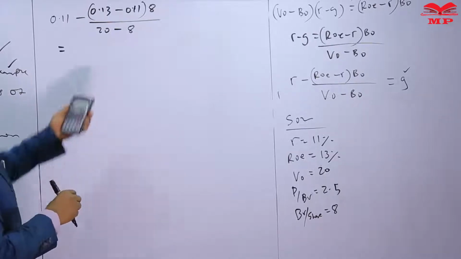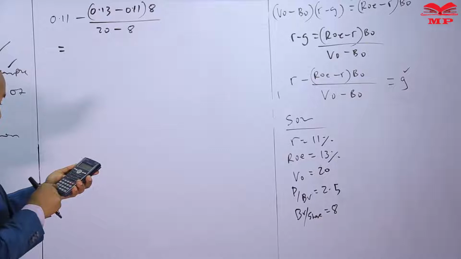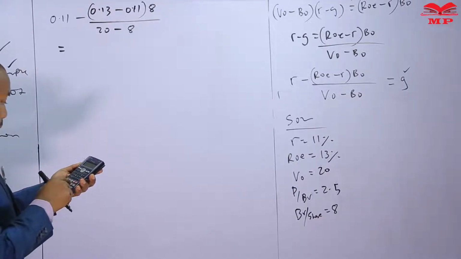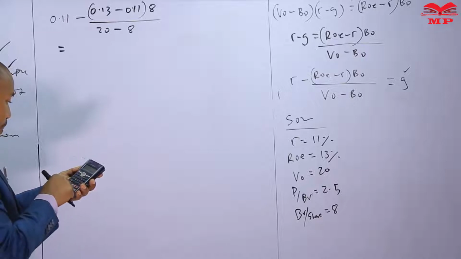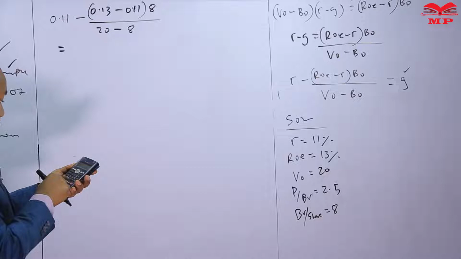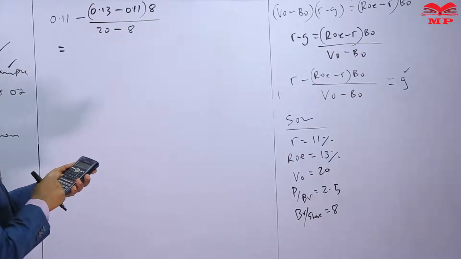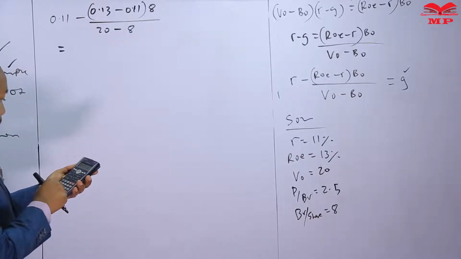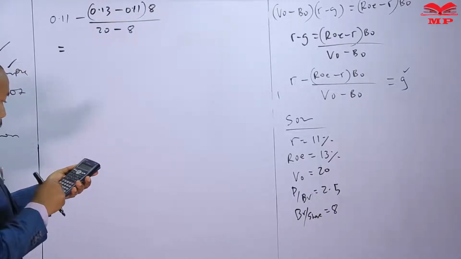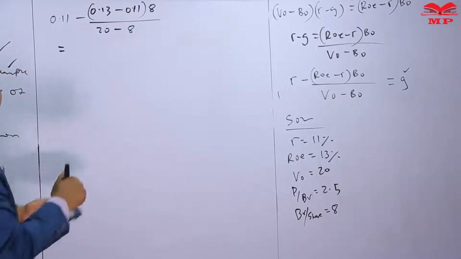So we will first of all work out this component. So 0.13 minus 0.11 there, then multiplied by 8, there we have 0.16 divided by 20 divided by 12, 0.0133.